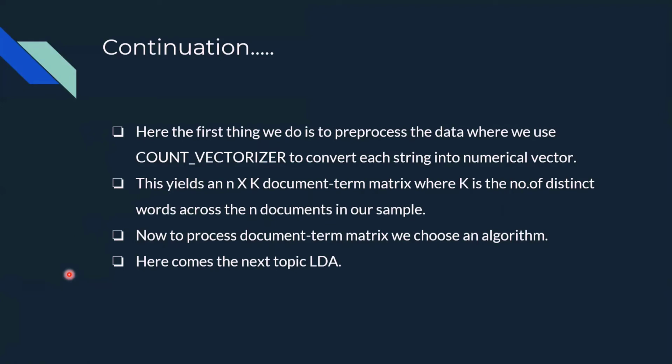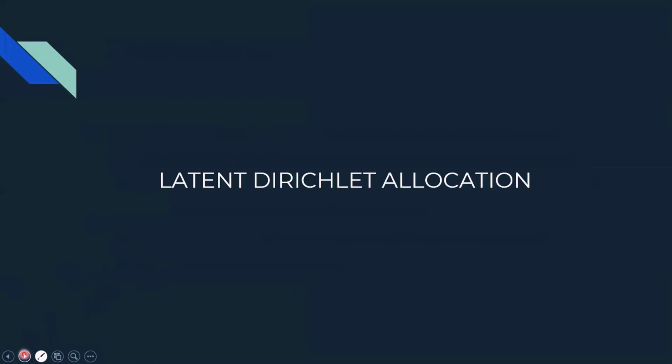Now we process the document-term matrix by choosing an algorithm, and I said that already. Here we use LDA, latent Dirichlet allocation. Why latent? I will be talking about that.